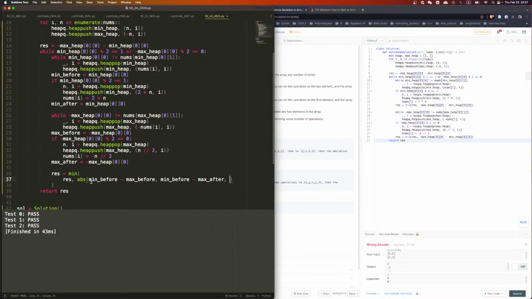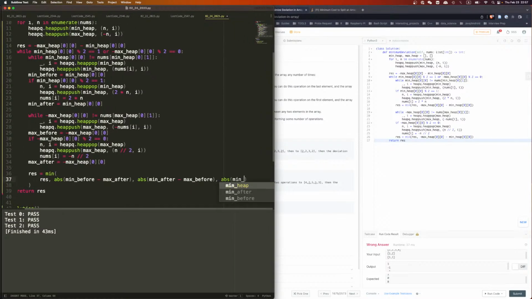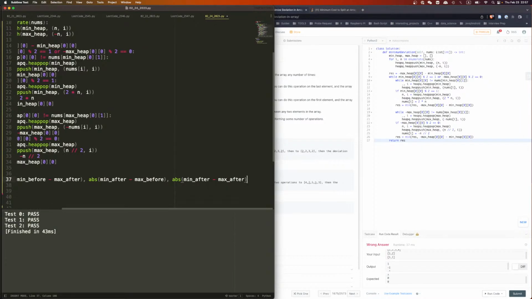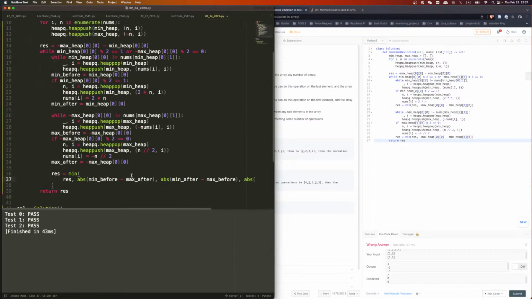Well, actually, before I already handled, so I actually just need to say before minus after: ABS min after minus max before and ABS min after minus max after. That is what I think.